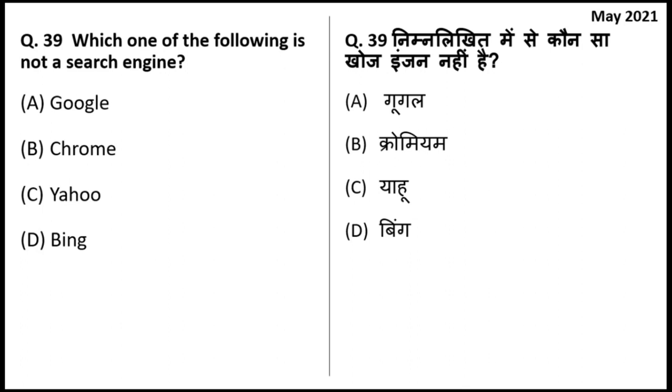A search engine is a kind of service that allows you to search documents on the World Wide Web. So Chrome is not a search engine because Chrome is a web browser. Google is a search engine, Yahoo is a search engine, and Bing is also a search engine. Web browsers are programs that help you to access the internet.